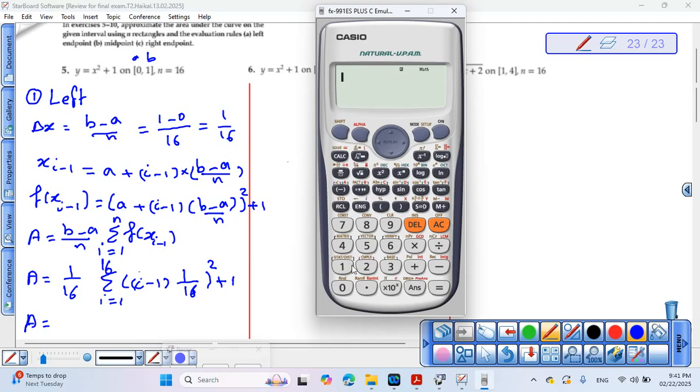This is 1 over 16 times summation. Okay, open brackets, i minus 1 times 1 over 16, then close this bracket, squared, from 1 to 16.